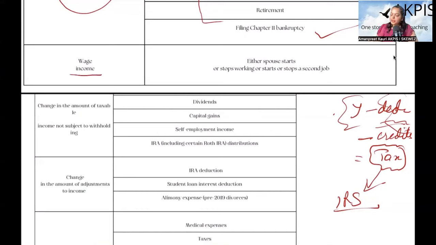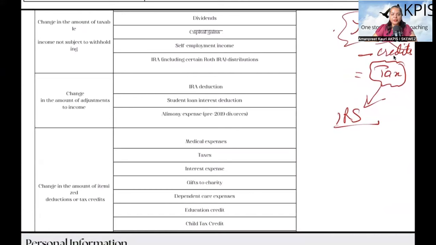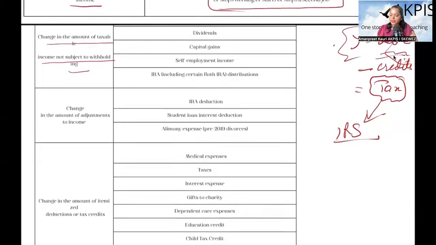Wage income: either spouse starts working, stops working, or procures a second job. Accordingly, your benefits vary and the computation of tax will be different. So you need to have an idea of this. Apart from this, change in the amount of taxable income not subject to withholding, right?